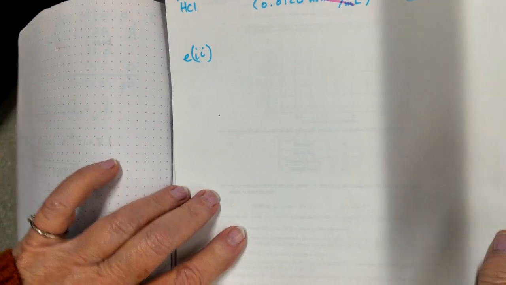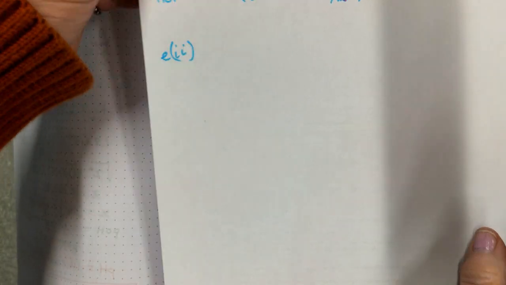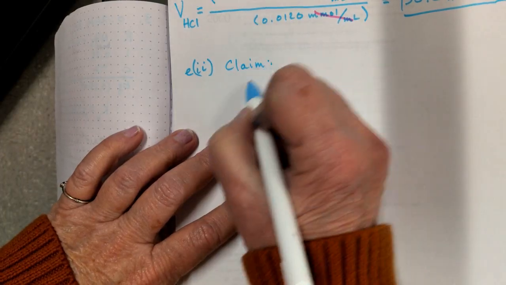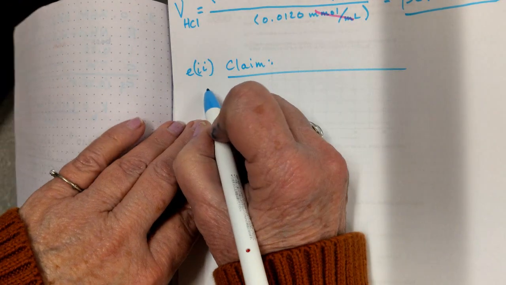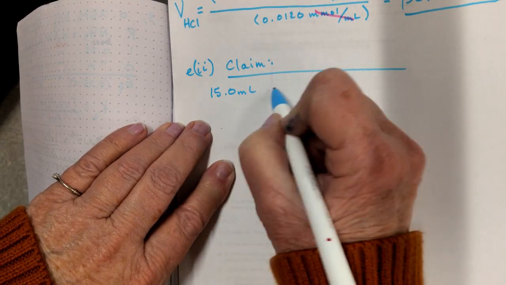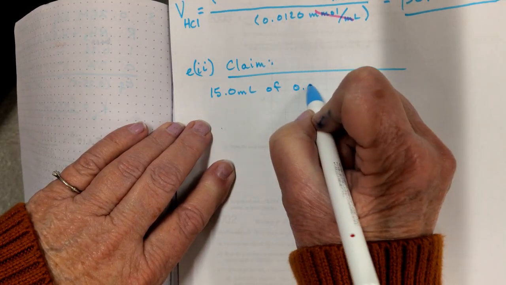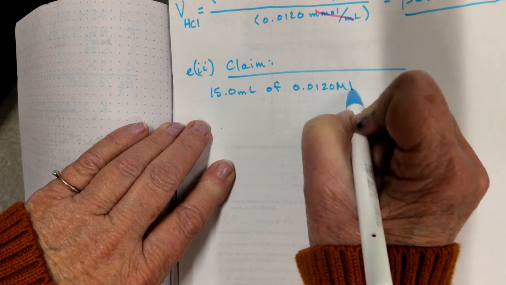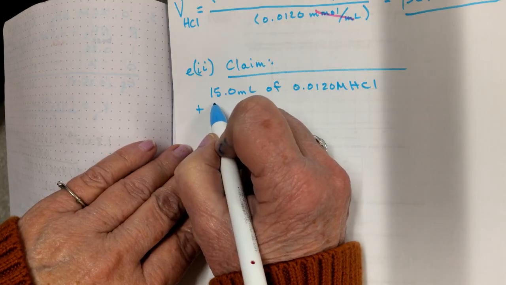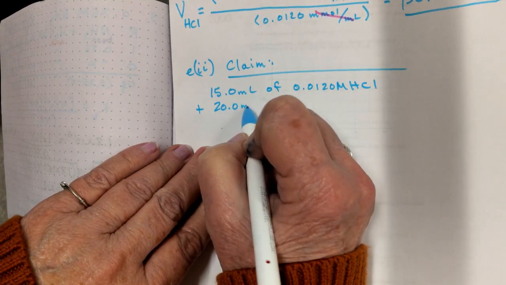Okay. So for part 2, I'm going to put my claim here. Part 2, we took 15 milliliters of 0.0120 molar HCl and added it to the 20 mils.